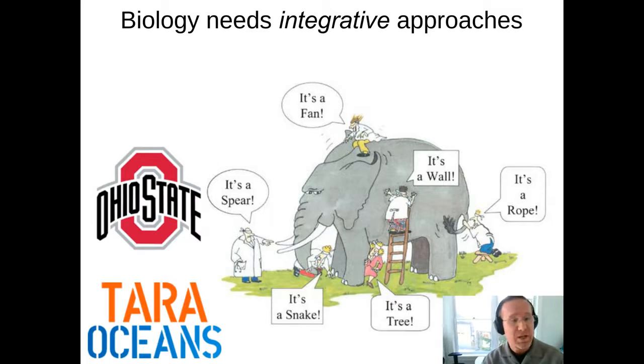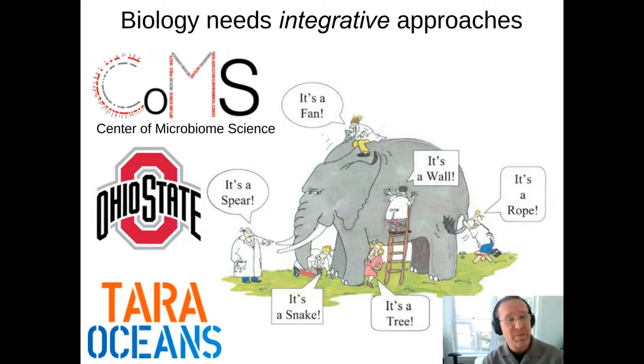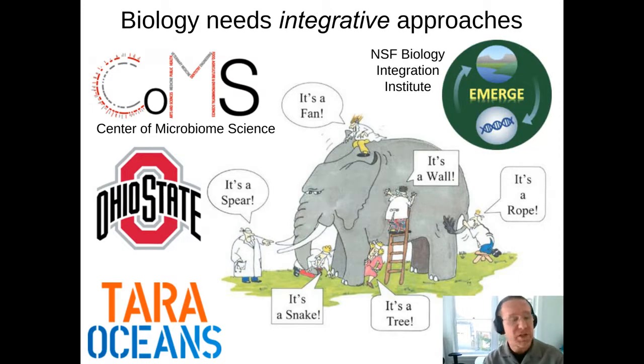And also at Ohio State, where I'm at, we've got some really amazing institutions in place now with the Center of Microbiome Science, which is 80 faculty across 9 colleges, sharing and creating resources in microbiome science tools, and a new NSF-funded Biology Integration Institute called eMERGE, which we'll show a little bit of data from here in a moment.